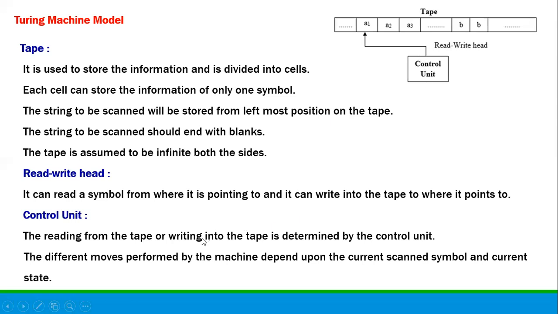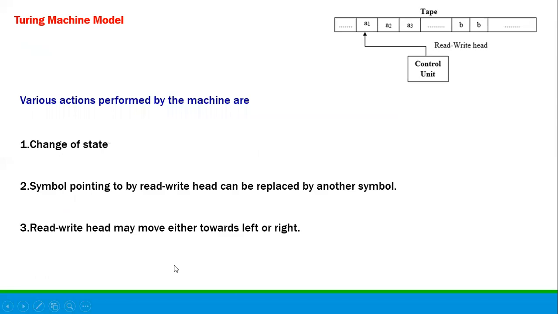The different moves performed by the machine depend upon the current scanned symbol and the current state. The various actions performed by the Turing machine are: first, it can change the state. Second, the symbol pointed to by the read-write head can be replaced by another symbol, and the read-write head may move either towards left or right.